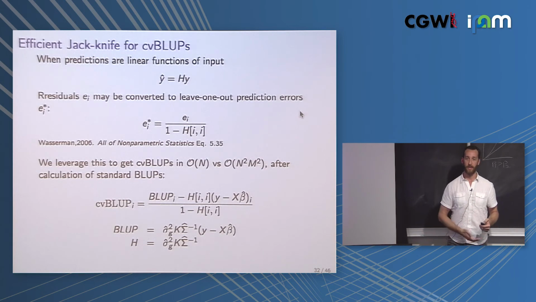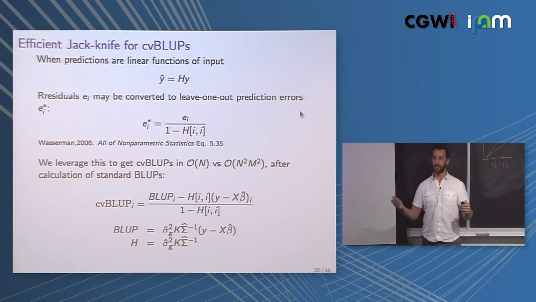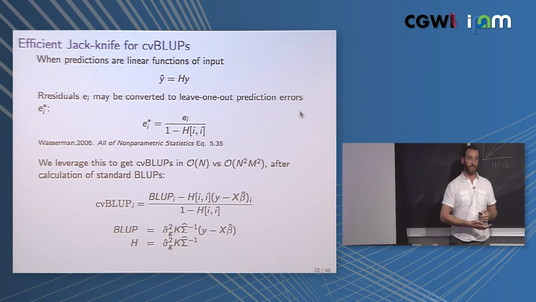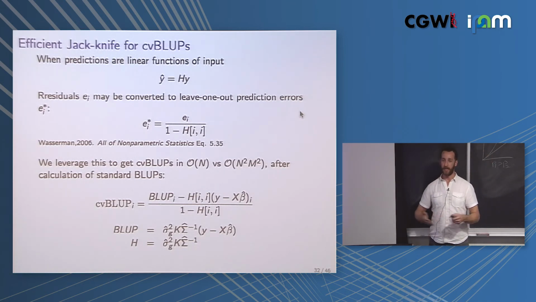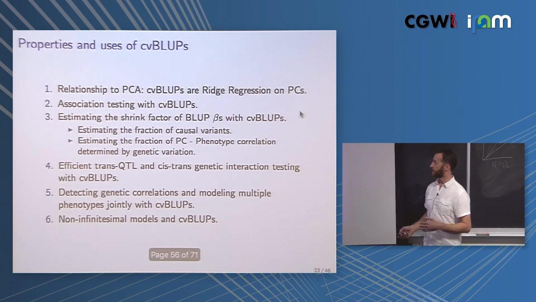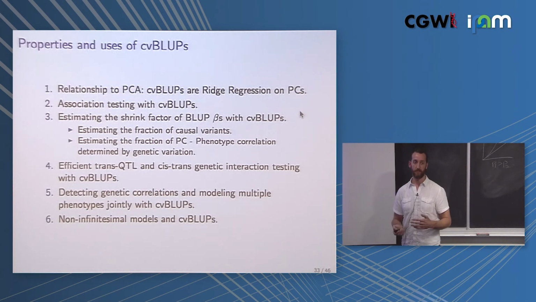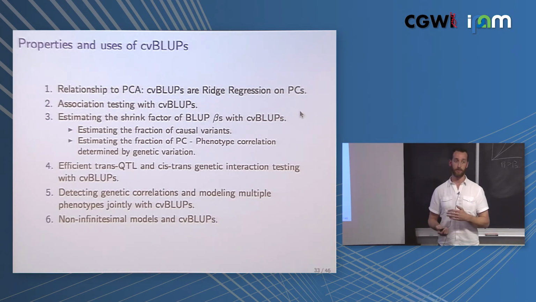So if you're running MX or you're running GCTA or whatever it is, you can add a couple lines of code and get the out-of-sample predictions of all of the individuals. And so let's talk about these CV BLUPs a little bit because they're kind of cool.